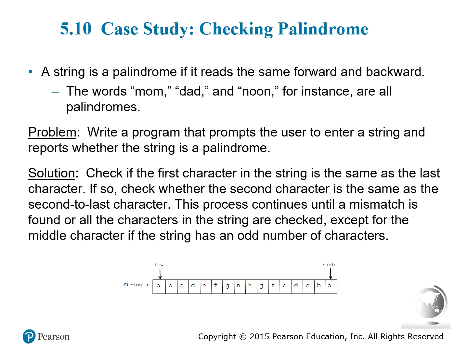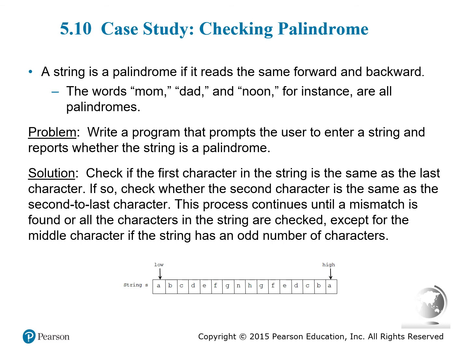We will use two variables, low and high, to indicate the indices of the two characters we are comparing. Since we begin with the first and last character, we initialize low to 0, the index of the first character, and high to s.length minus 1, the index of the last character. We initialize a Boolean variable, isPalindrome, to true.